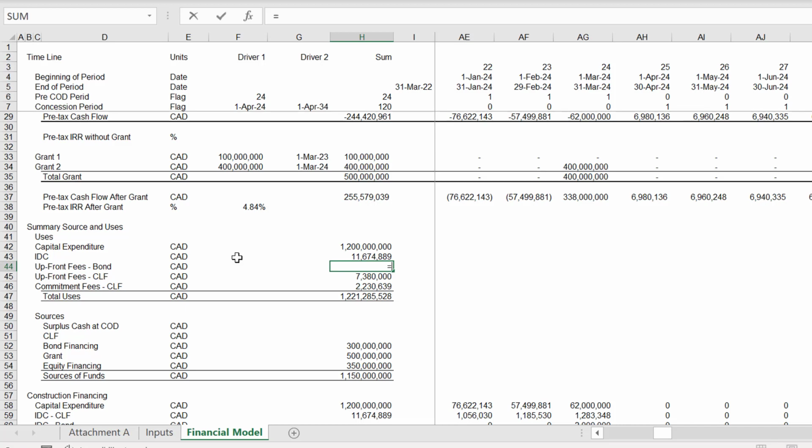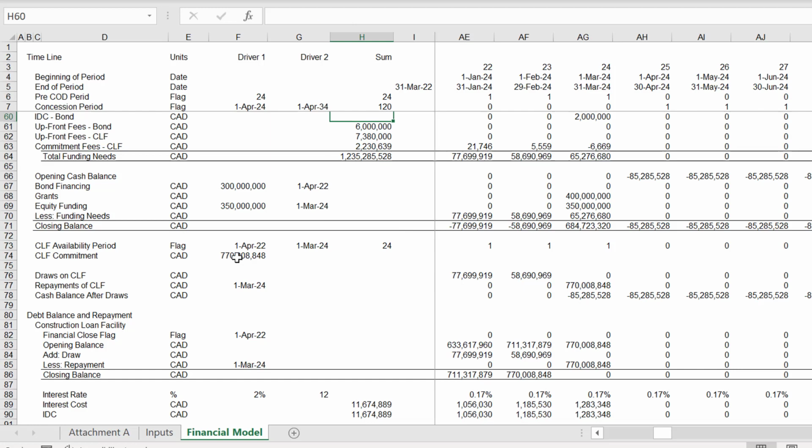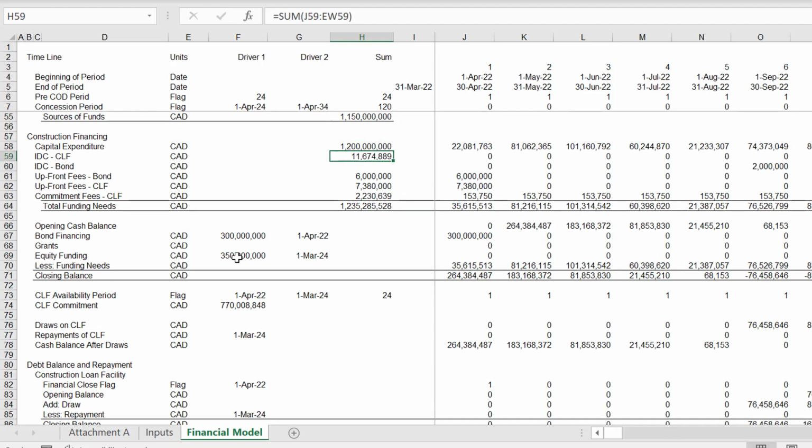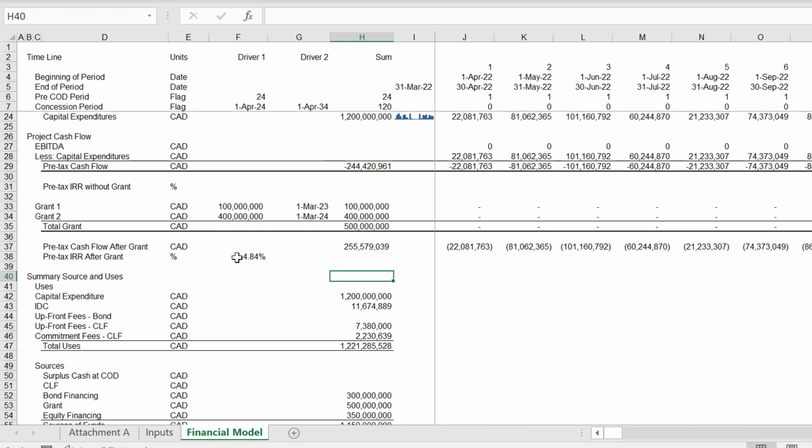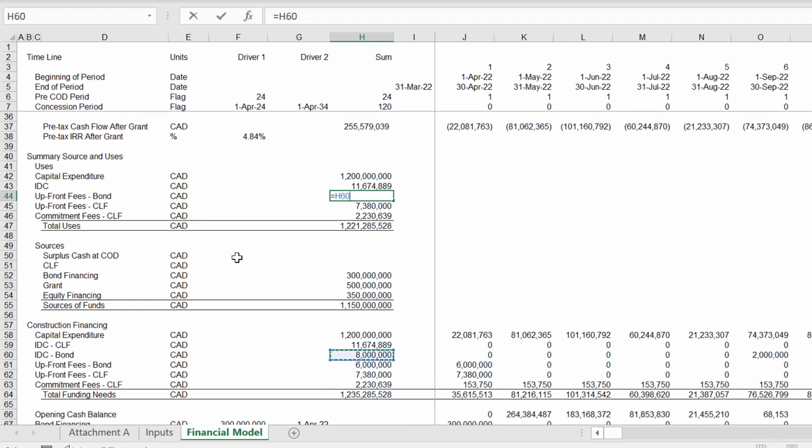Okay, but we better put our total IDC now. Did I put a sum of the IDC here? I didn't put this. Oh, I'm getting sick from this. So we put our IDC as the IDC up here plus the IDC on the bond.